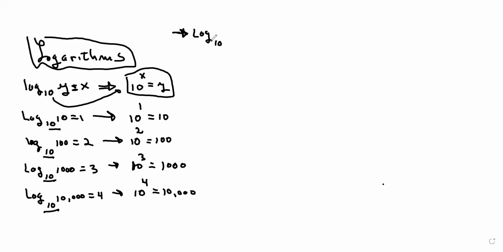The rule says that, I'll do the rule first and then an example, the logarithm of m times n is equal to the logarithm of m plus the logarithm of n.